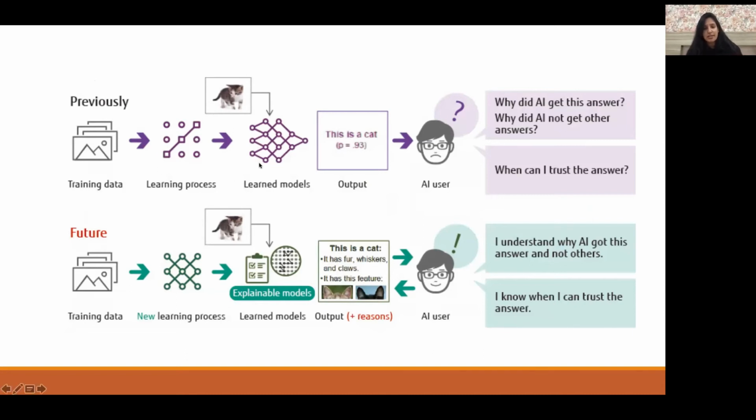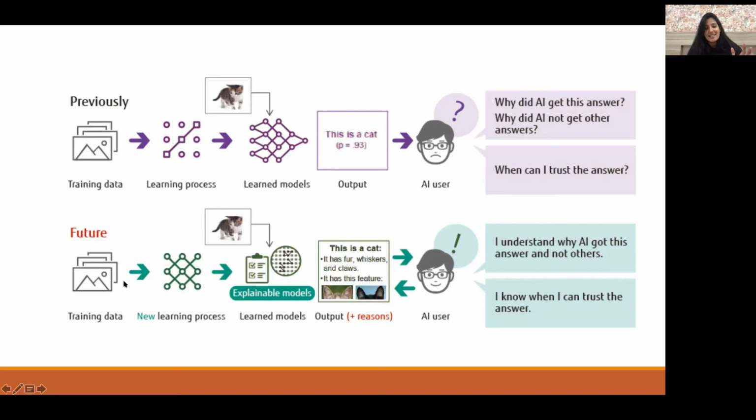You learn the model, and let's say you feed in a picture of a cat, and the output is that your model is 93% sure that it's a cat. But you are not convinced. Why did the AI give me this answer? And why was it only a 7% chance? Or what were the areas in this image that contributed to this image being called a cat? Was it really learning what it wanted to learn? You'll see some striking examples of why I'm emphasizing this point.